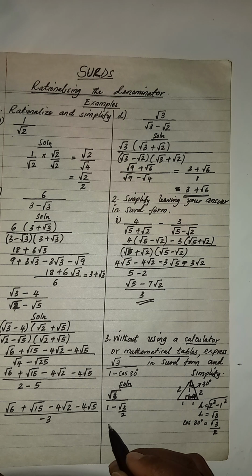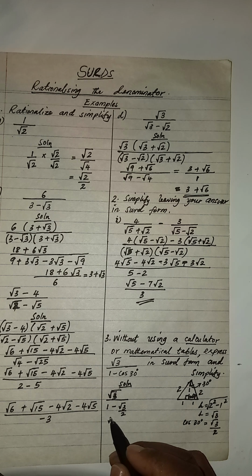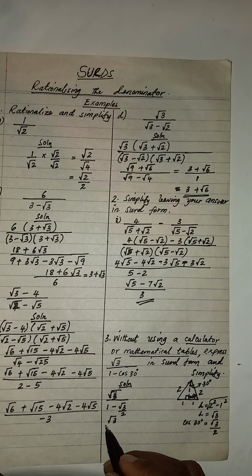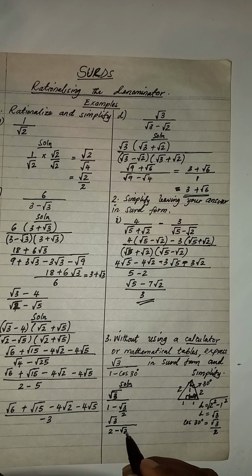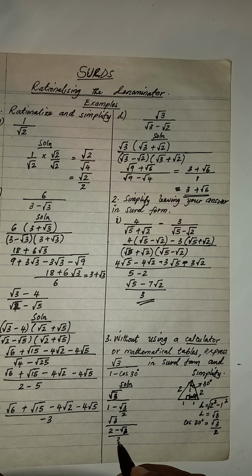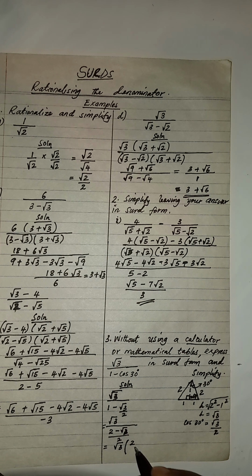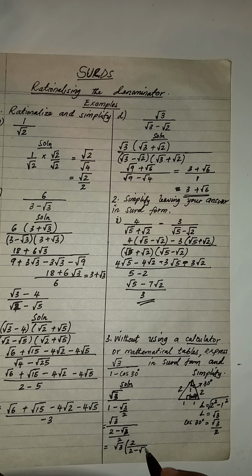So this is the same as root 3 all over 2 minus root 3, all over 2, which will be the same as root 3 into brackets 2 all over 2 minus root 3.